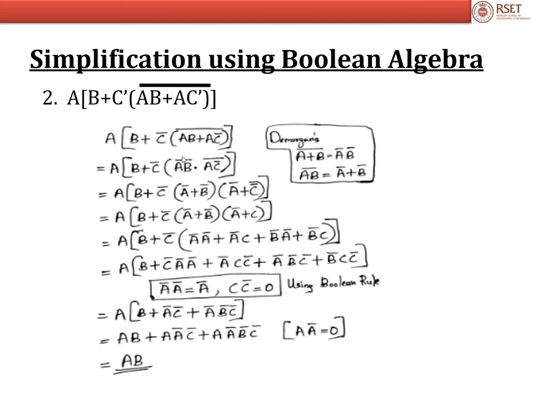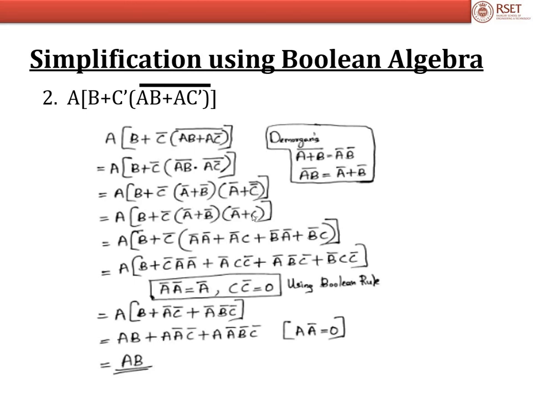Again you can apply De Morgan's theorem here and here. So (ab) bar is nothing but a bar plus b bar. So it is written here as (a bar plus b bar) into (a bar plus c bar bar). So c bar bar is nothing but c itself.